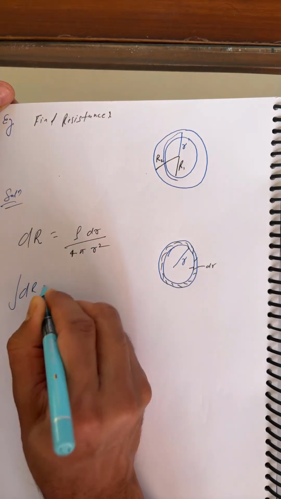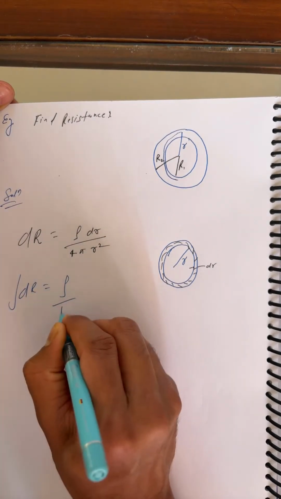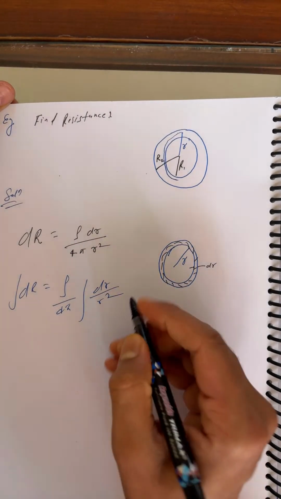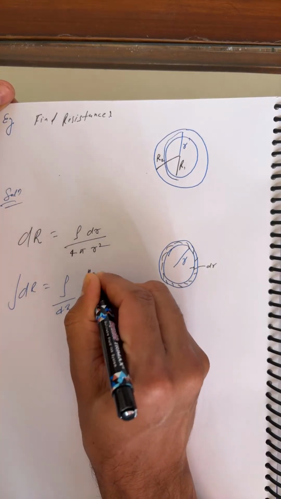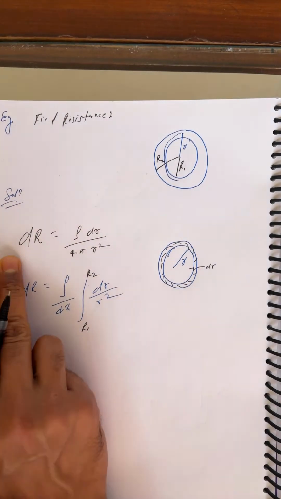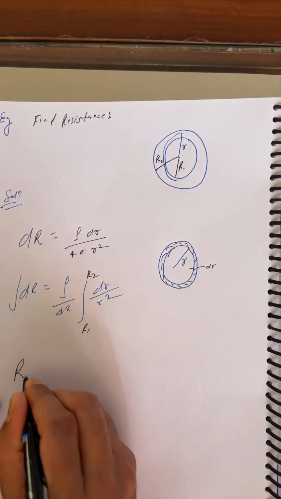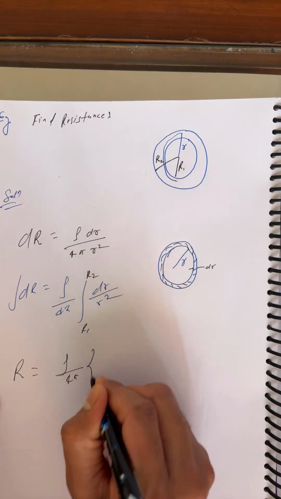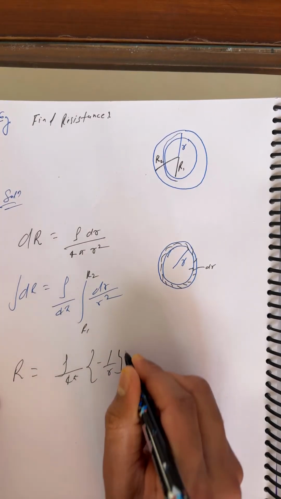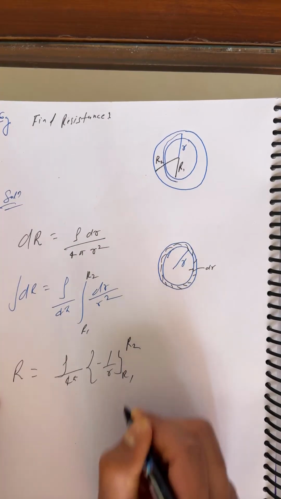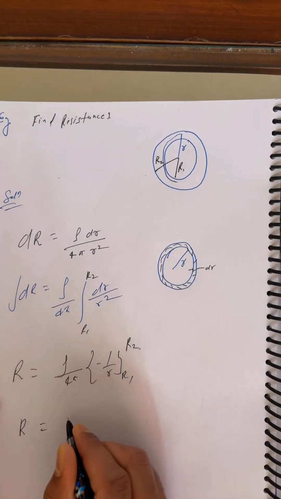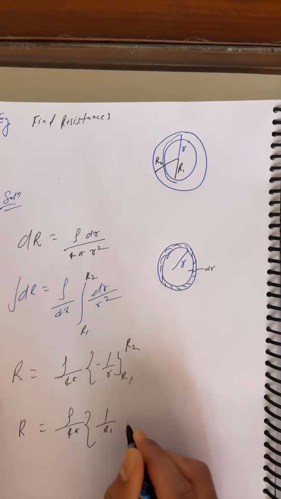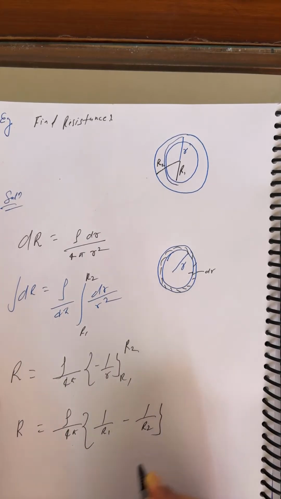So this is rho upon 4 pi, dr upon r square, with limits r1 to r2, the initial to the final radius. So this is rho upon 4 pi times minus 1 upon r, from r1 to r2. So what's the resistance here? Rho by 4 pi times 1 upon r1 minus 1 upon r2.